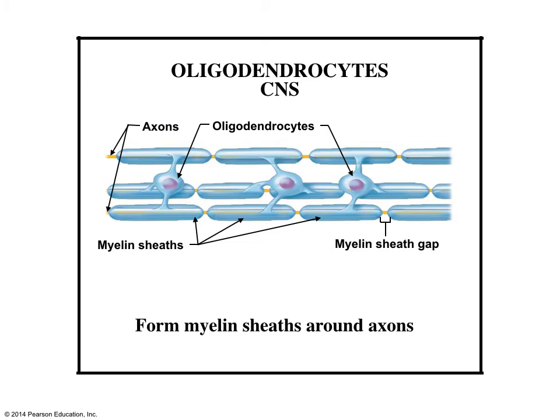What's the main chemical component in cell membranes? Lipids, fats. This fat structure, the myelin sheath, therefore serves to insulate the fibers. Again, in this context, a fiber is an axon.